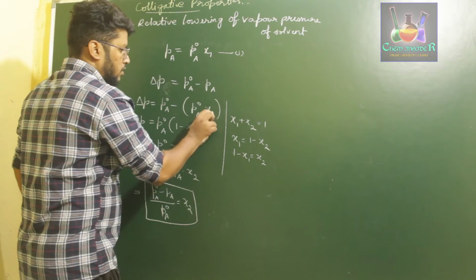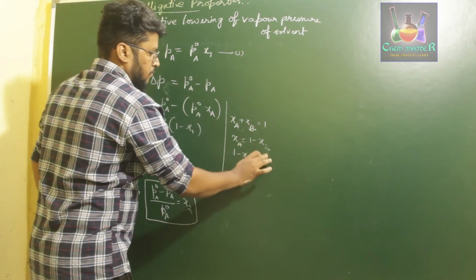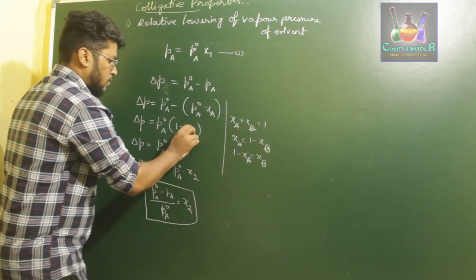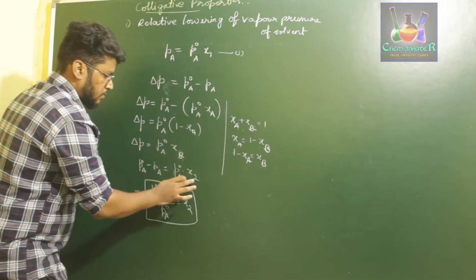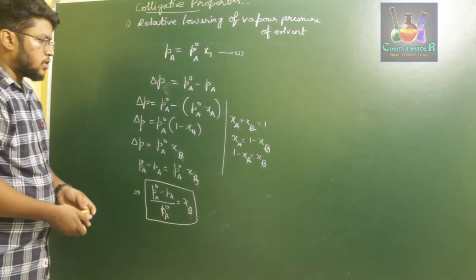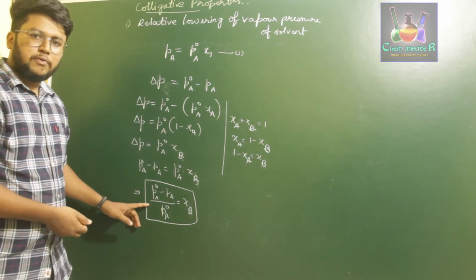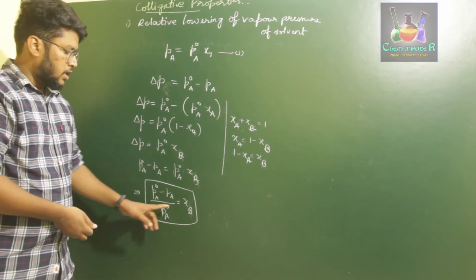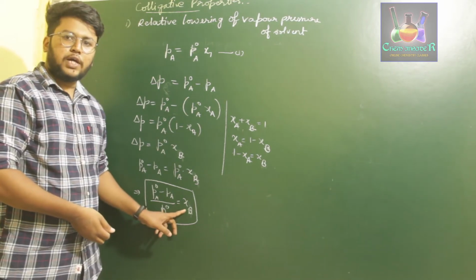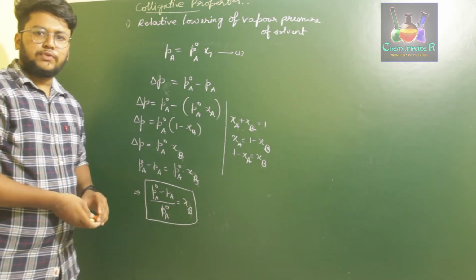Instead of X2, you can take XA, XB. If B is the solute and A is the solvent, the relative lowering of vapor pressure is equal to the mole fraction of the solute.